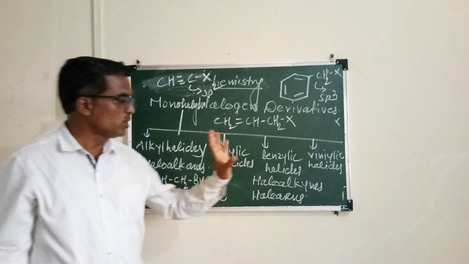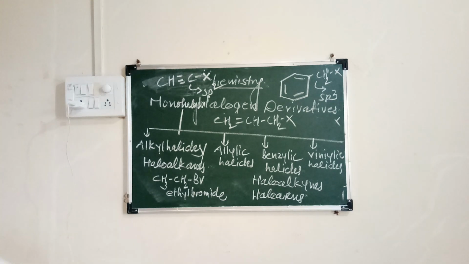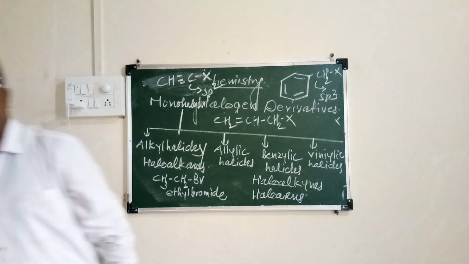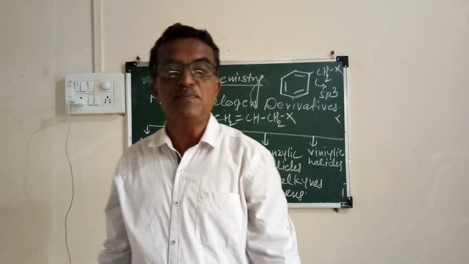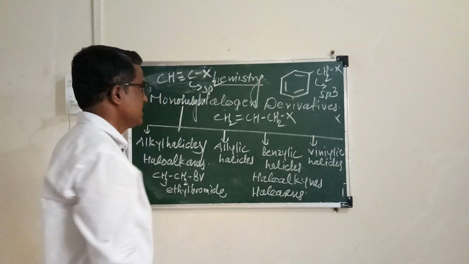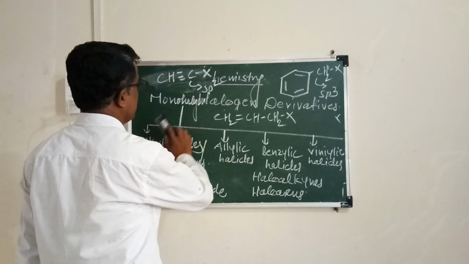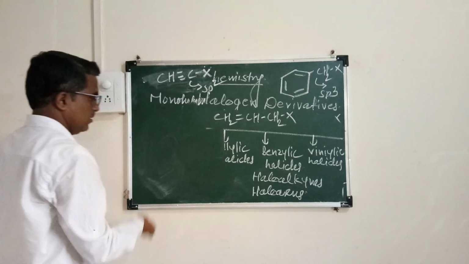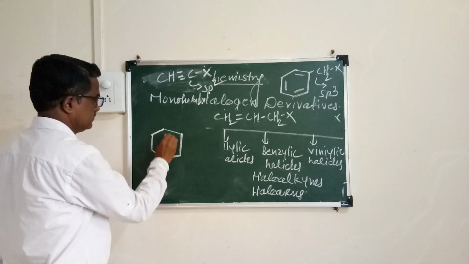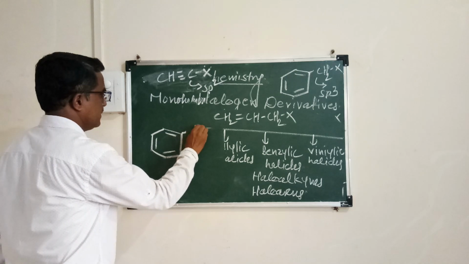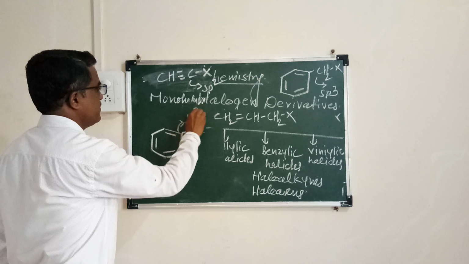And the last one is the haloarenes. In haloarenes, the halogen atom is attached to the carbon atom which is in sp2 hybrid state, and that carbon atom is present in the benzene nucleus, the aromatic ring. That is the haloarenes. In this example, the halogen atom is attached to this carbon atom which is in sp2 hybrid state.